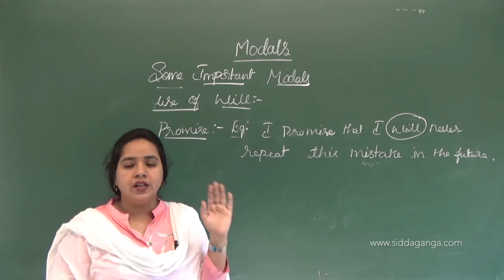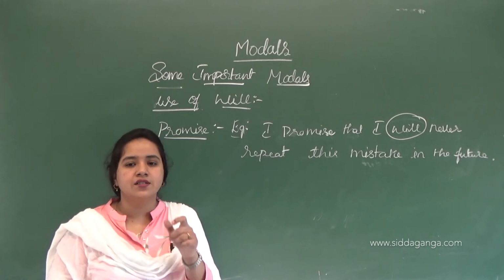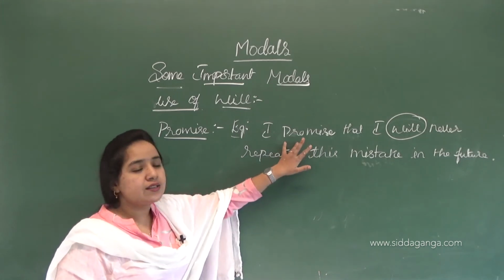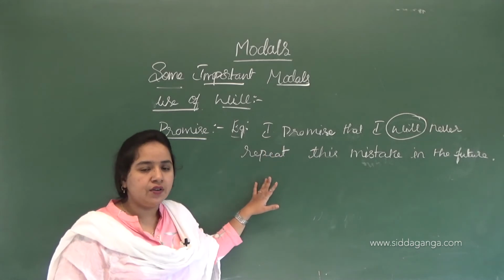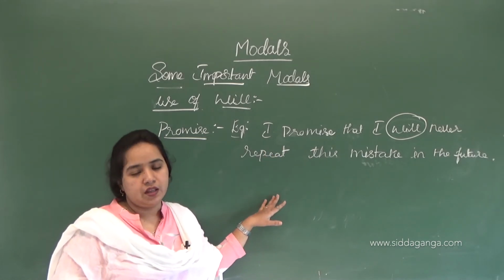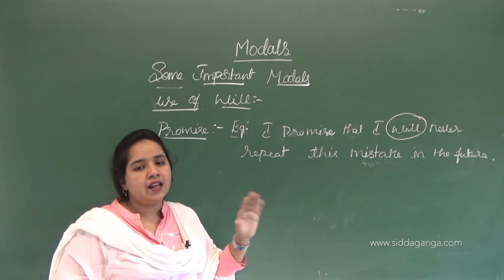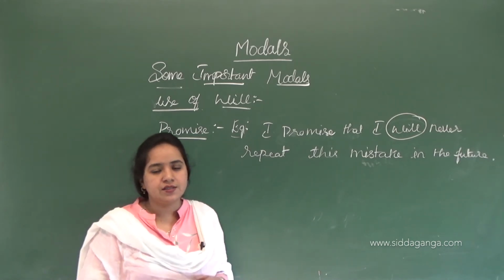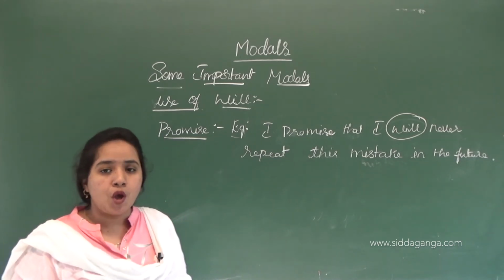So in that case, the sentence we should use with the help of the modal is: I promise that I will never repeat this mistake in the future, or once again, I will not repeat this mistake, okay.